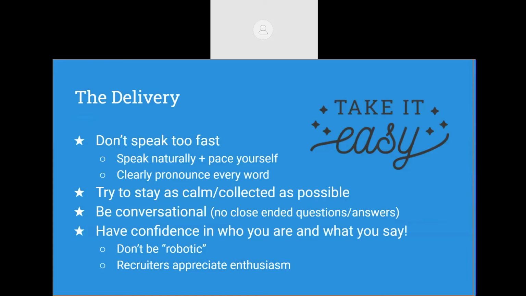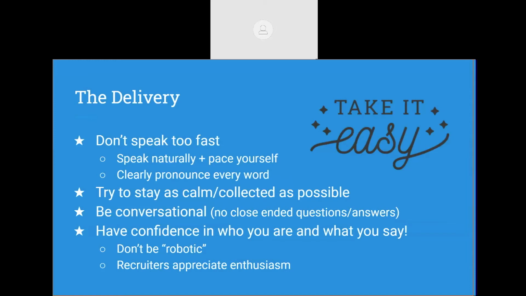Another thing is to stay as calm and collected as possible. You don't want to overwhelm yourself or them with your nervous habits, like scratching, or wavering, moving your body back and forth. A lot of times that's what's on people's minds when they're presenting something, or talking to someone they don't know that well.